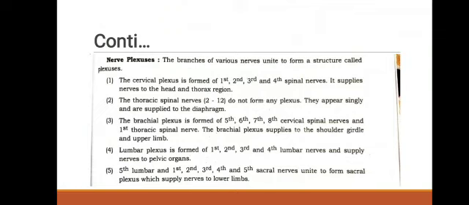Next one, lumbar plexus is formed of first, second, third and fourth lumbar nerve and supplies nerve to pelvic organ. Fifth lumbar and first, second, third, fourth and fifth sacral nerve unite to form a sacral plexus which supplies nerve to lower limb.